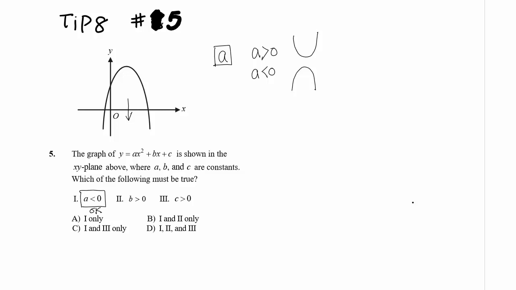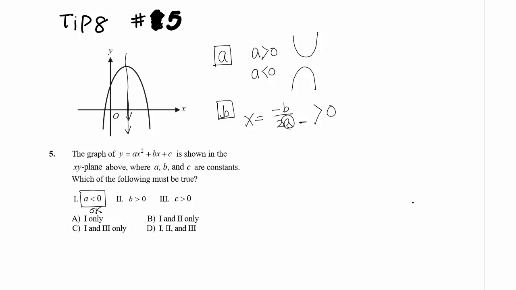So how can you find the sign of b? The x of symmetry is negative b over 2a, isn't it? So b affects the x of symmetry. But we already got that a is negative. The x of symmetry is to the right of the y-axis, so it should be positive.